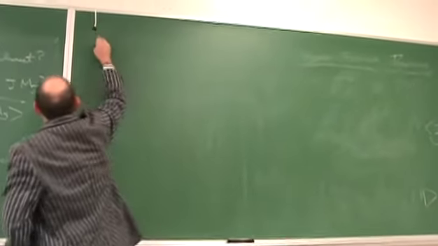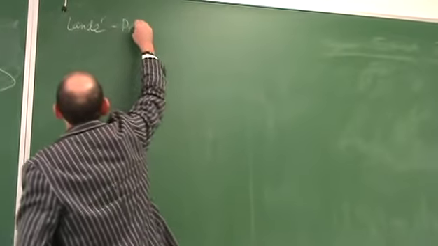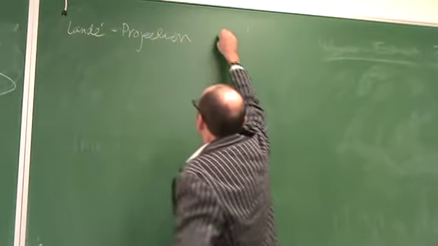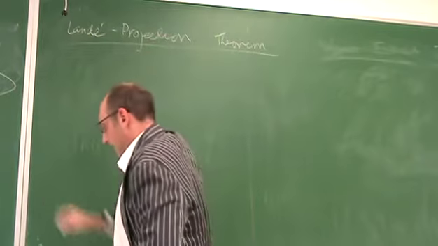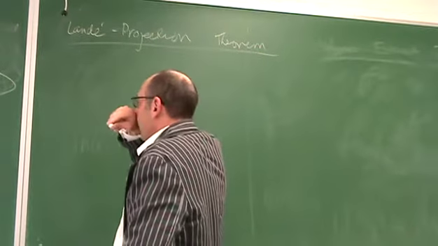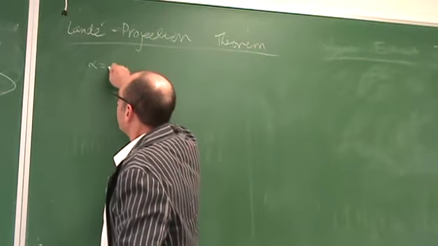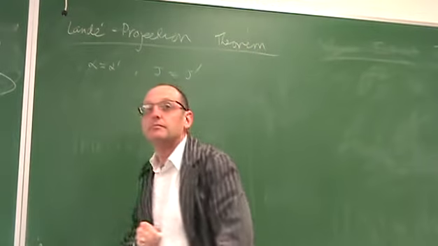So look, the Landé projection theorem is a special case of the Wigner-Eckart theorem, and it says the following. Suppose that alpha equals alpha prime and j equals j prime.